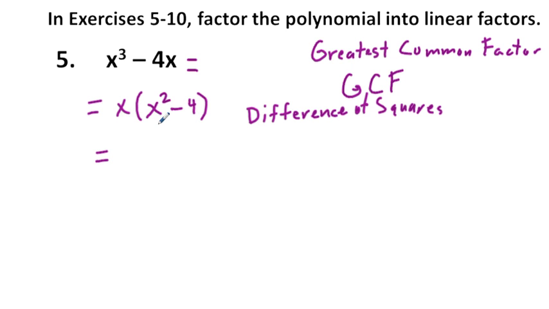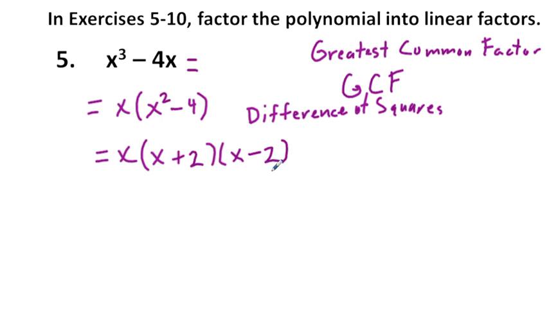So we still have x, and we take the square root of x squared, which is x, for each of these binomials, and instead of minus, we put plus and minus here, and we take the square root of that last term, which is 4, so that's going to be 2.